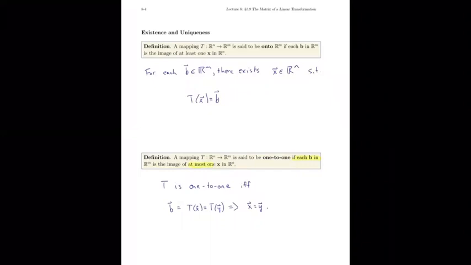So there could be no X in Rn, zero X's in Rn satisfies at most one X in Rn. So what this is saying is that anytime we do map to B in the codomain Rm, then there's only one X value that does that. There's only one vector in Rn that does that.